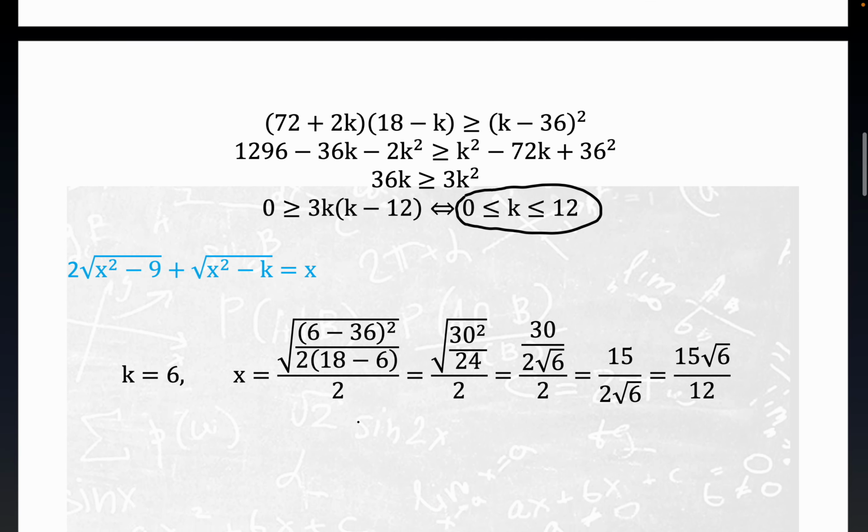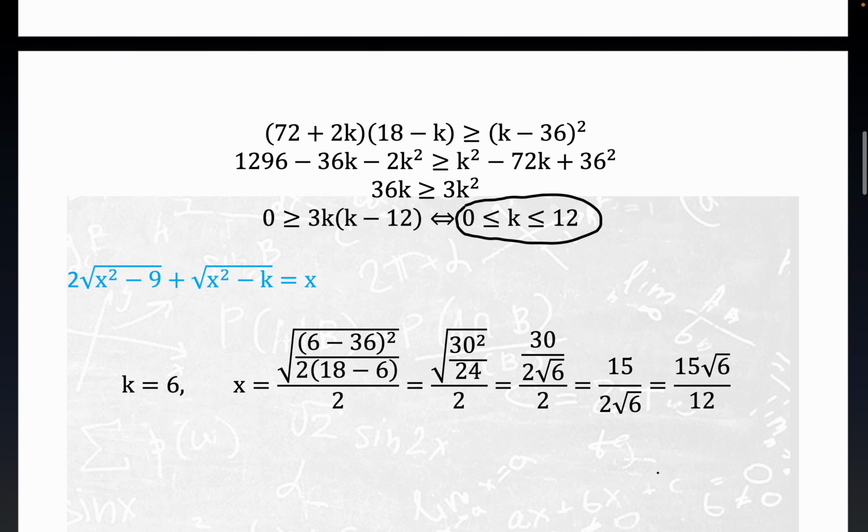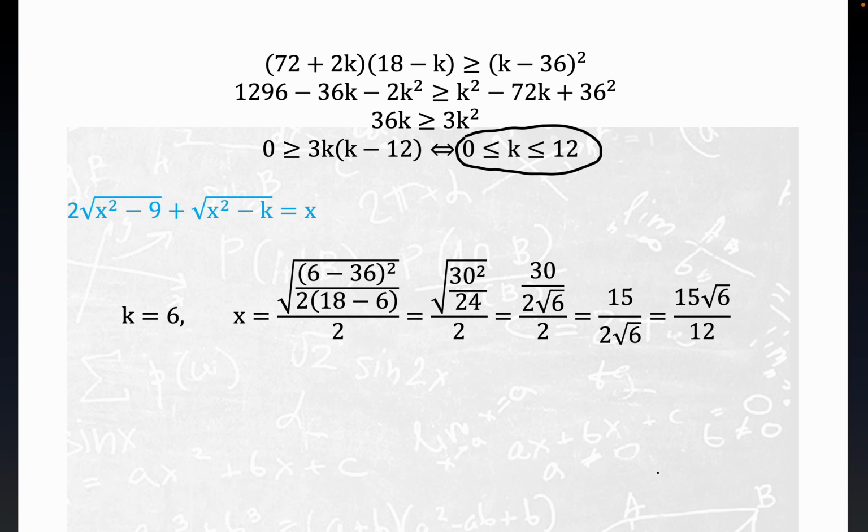You do some work, and it looks like this thing will simplify. 15 over 12 has common factors, so that is 5 over 4. So 5 root 6 over 4 is what that fraction would reduce to.